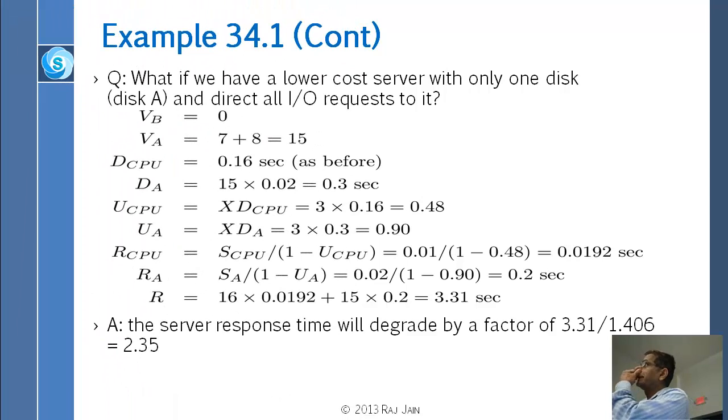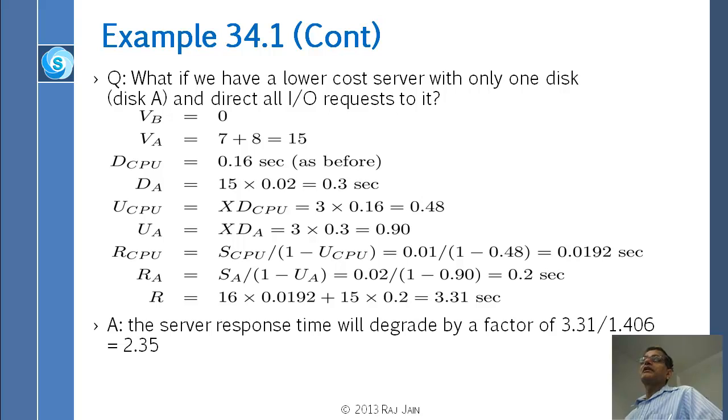Similarly, what if we have a lower cost per server with only 1 disk and direct all IOs to it? So now we don't want to have 2 disks, we want to have 1 disk. If you want to have 1 disk, the number of visits will go up to 15, because now nobody goes to disk B, there is no disk B. And the service time at disk A is the same, and therefore the total demand changes, utilization changes, and now you can see what becomes the bottleneck.